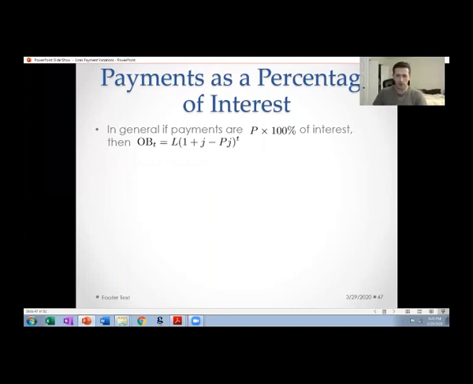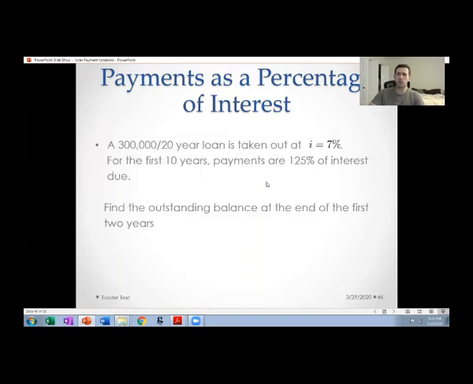It's not very hard, and I would encourage you, if you're serious about this course, try and come up with this formula yourself. It requires a little bit of thinking, but that's all right. So in general, if payments are P times 100% of interest, so for example, P would be 1.25 in this example.